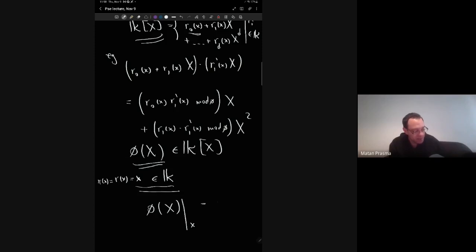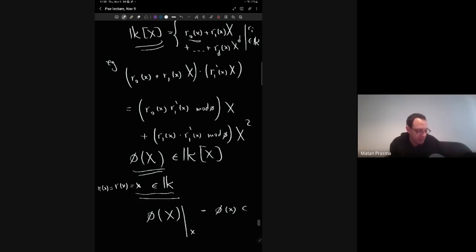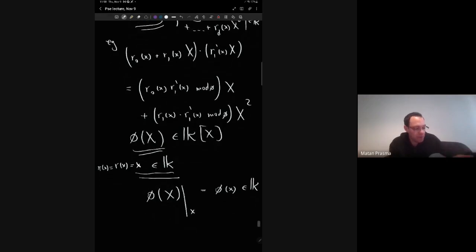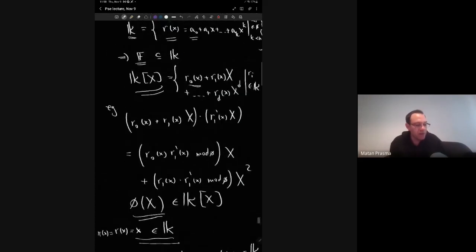So I get phi with small x. Phi with small x must be an element in K, right? But phi with small x is equal to 0 in K, because in K I do modulo phi.